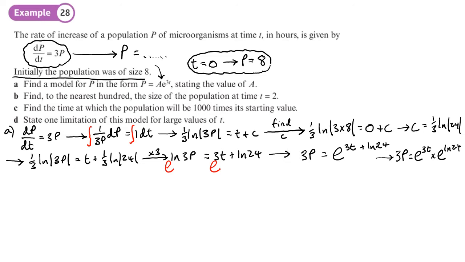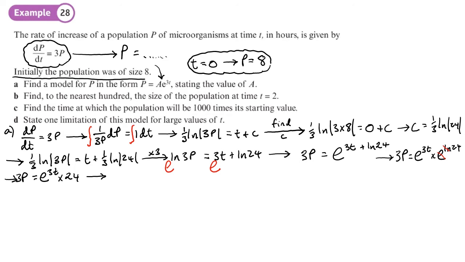So the e and the log here will cancel out, just leaving you with 24. So my final answer, once I've divided by 3, because I've got 3p equals that, so now let's write p equals, it's going to be 1/3. Well, actually, let me write the whole thing out rather than do too many steps at once. So e to the 3t times by 24.